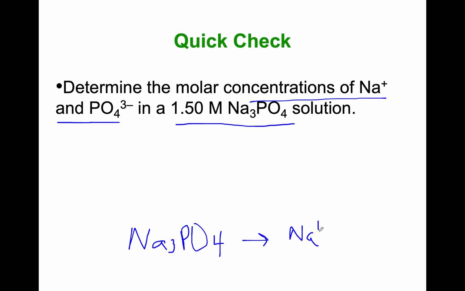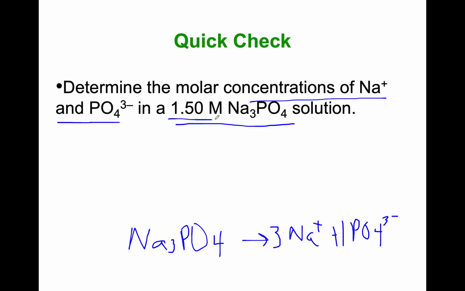This is PO4, which can be a little confusing, but that's the polyatomic ion. If we committed our polyatomic ions, then that comes back to help us in this chapter. That's phosphate. If we look over here to balance, that takes 3 sodiums for 1 phosphate.